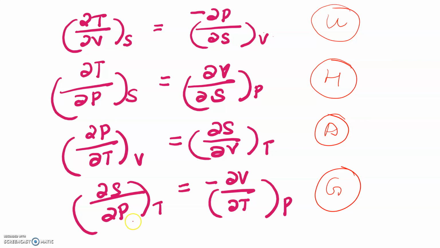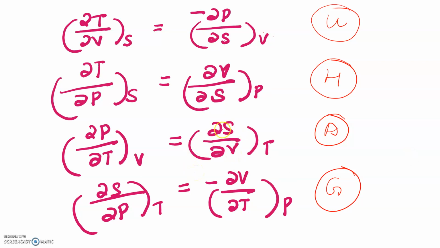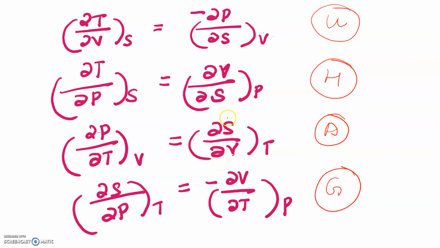So what about the last equation? Take the third equation and cross multiply dou S by dou P. Dou S here, dou P is taken to this side, cross multiplying, and here dou T by dou V, dou S, dou P. Take dou V here, dou V by dou T. When you cross multiply and get an equation, you can put a negative sign.